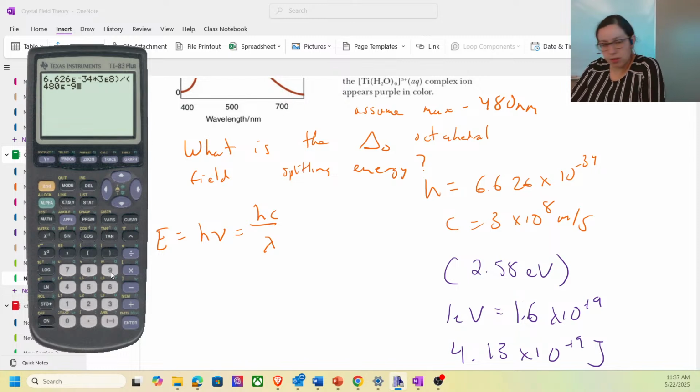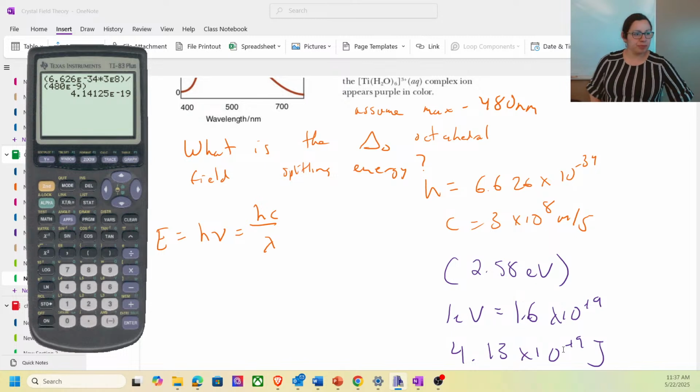Of course, we could have done 4.8 times 10 to the negative 7. Oops, what did I do wrong? Let's just insert a parentheses. So either way, you should get about the same answer. So about 4.14 or 4.13 times 10 to the negative 19 joules there.